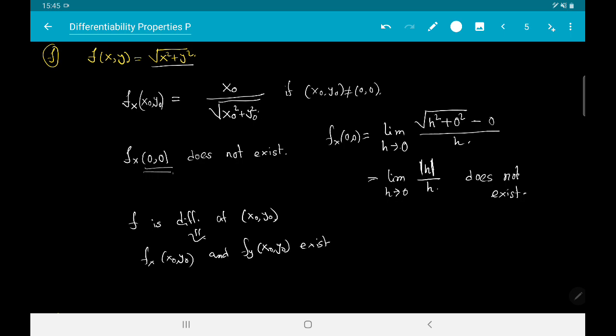But here we have seen that fx(0,0) does not exist. So if f was differentiable, then both of them must have existed, but here we have arrived at a contradiction, and as a consequence f is not differentiable at the point (0,0).